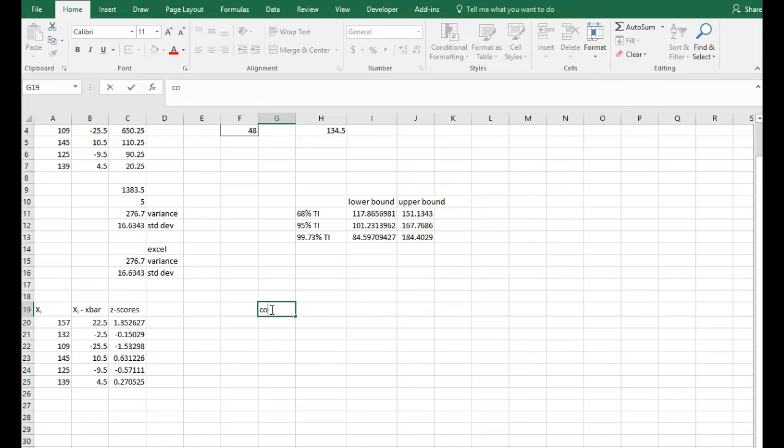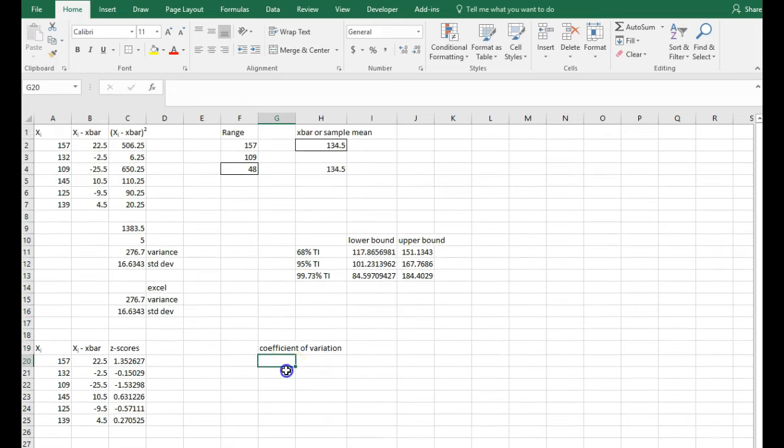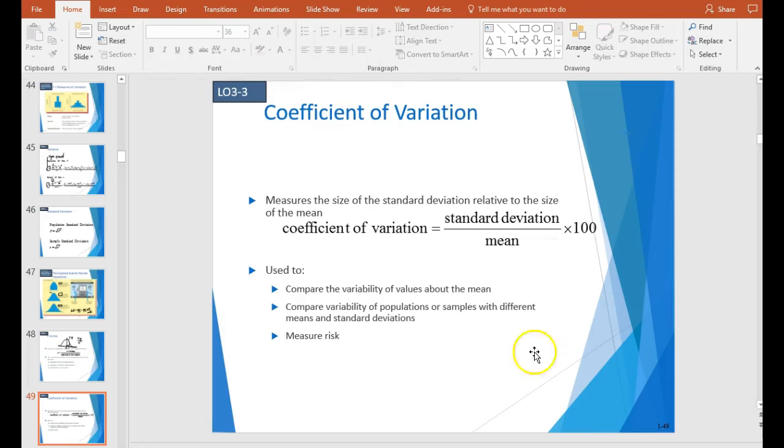So the coefficient of variation is the standard deviation divided by the mean times 100. So 12. The way you'd interpret this is the standard deviation is 12% the size of the mean. And that's that.